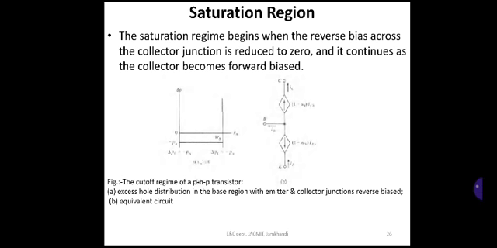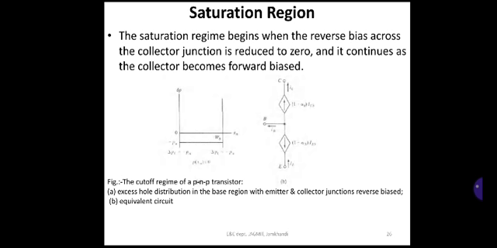In the cutoff region of a PNP transistor, figure A shows the excess hole distribution in the base region with the emitter and collector junctions reverse biased. So both the junctions are reverse biased to get the cutoff region, and the equivalent circuit using the equations is shown in the figure. Next one is the saturation region.